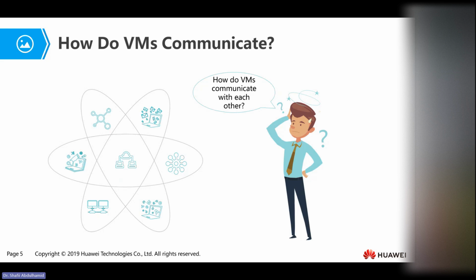I remember many years ago when we used to buy a desktop, we always had to go and buy a NIC separately before we could connect to the internet. Because if you have a machine and the machine does not have a NIC, that means the machine cannot communicate with other machines on the internet.